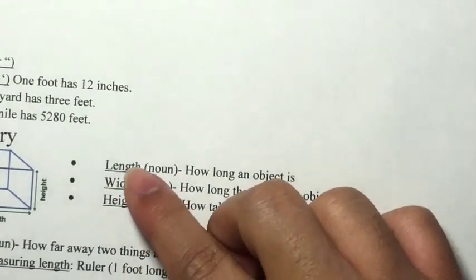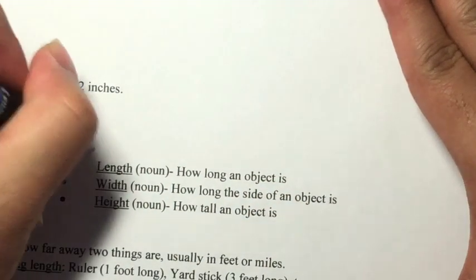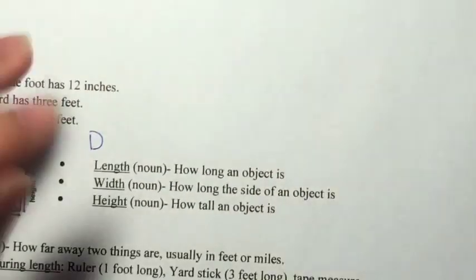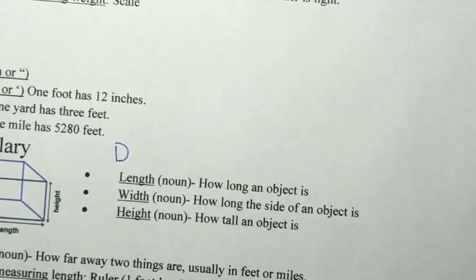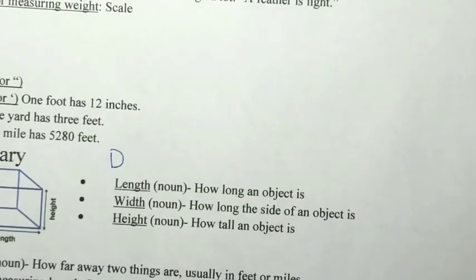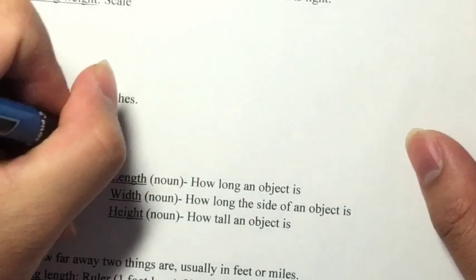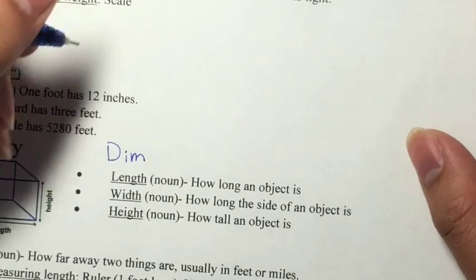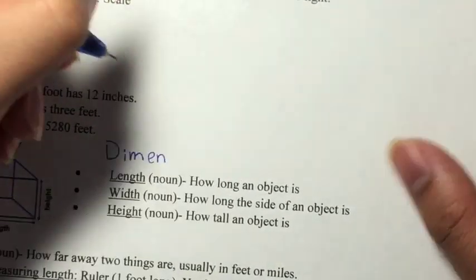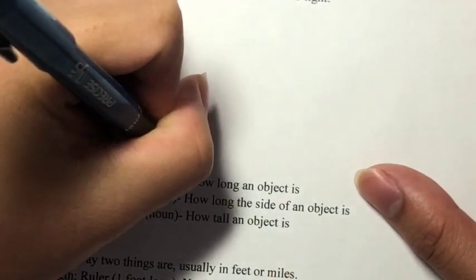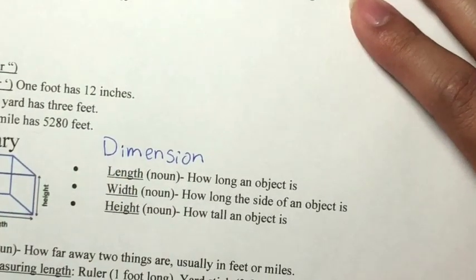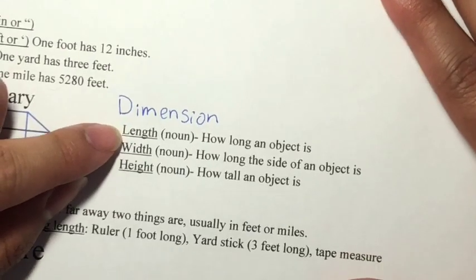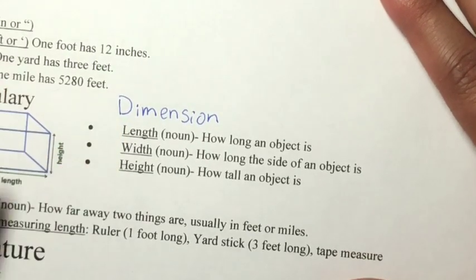The word for these three measurements is, how do you spell dimensions? Dimension. Let me make sure I spell it right before I tell you. Dimension. The dimensions are the length, the width, and the height.